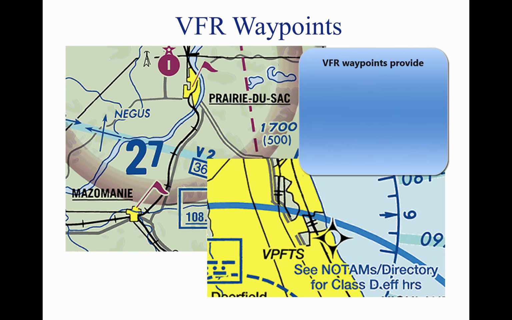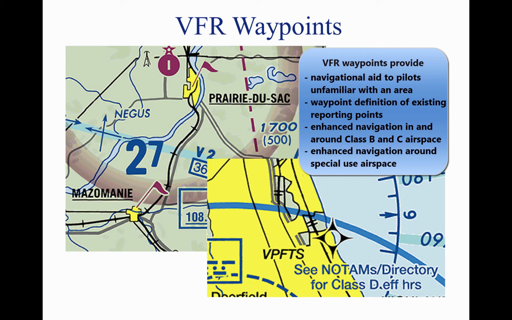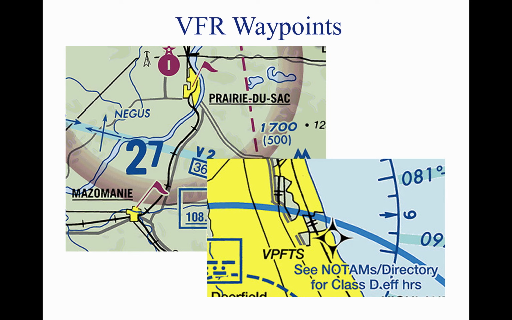The uses of VFR waypoints include providing navigational aids for pilots unfamiliar with an area, waypoint definition of existing reporting points, enhanced navigation in and around Class B and Class C airspace, and enhanced navigation around special use airspace. VFR pilots should rely on appropriate and current aeronautical charts published specifically for visual navigation.